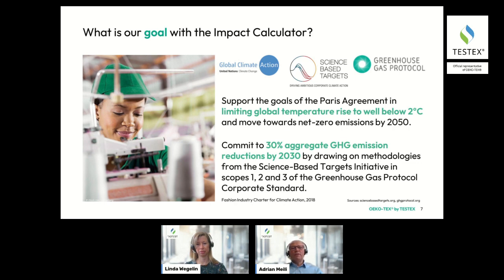For that reason, we did not do that all by ourselves, because we used initiatives like the Science-Based Targets Initiative and its scopes 1 to 3, and also the Greenhouse Gas Protocol corporate standard to have this calculator based on a science-based target.